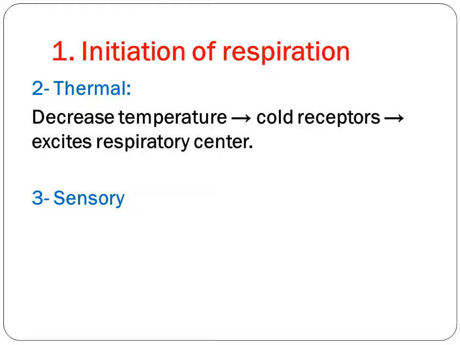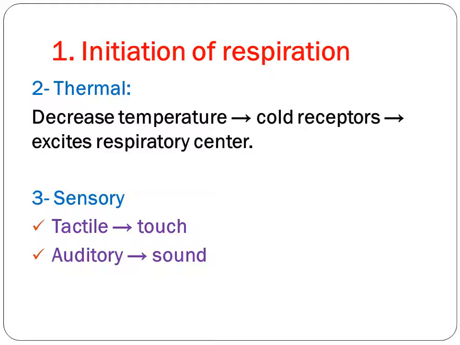The third point is the sensory stimulation or the sensory mechanism. In this mechanism, the senses of the fetus start to receive impulses from the surrounding environment. For example, holding the newborn infant will stimulate the touch receptors in the skin.